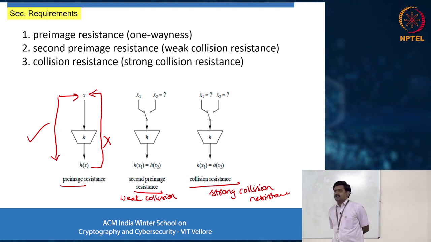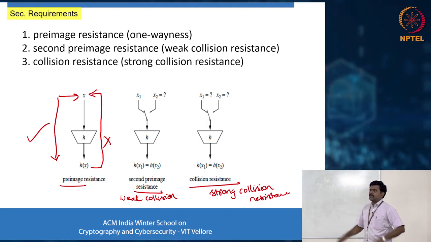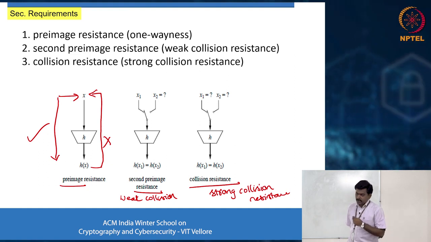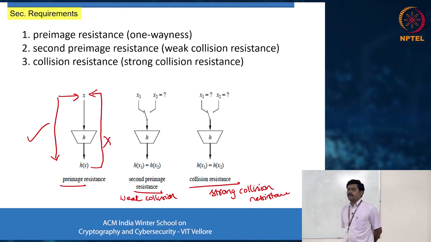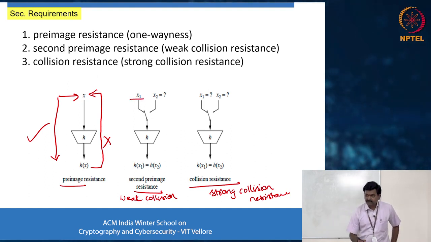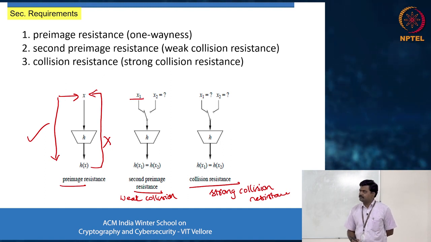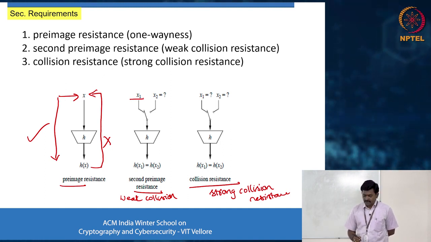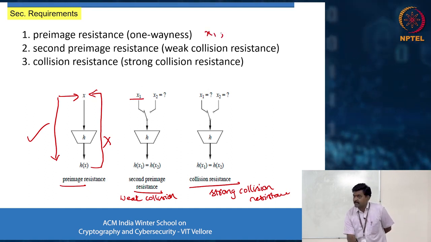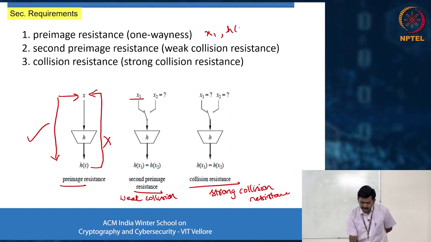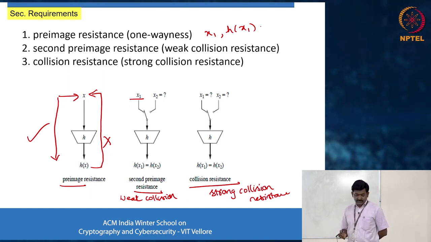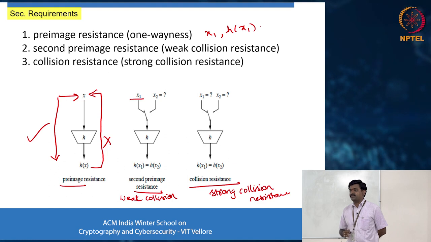Now, based on this particular premise, the weak collision resistance says, if I have one particular message x1 and its corresponding hash, h of x1, I have the information about a message x1 and its corresponding h of x1.